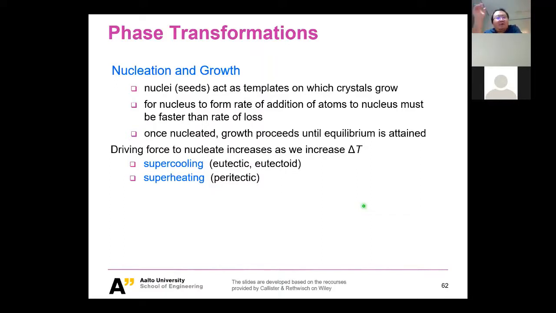So you will wait for hours, days, months to finally get to equilibrium. I mean, it will happen, but it will take so much time. If you just do an undercooling, if you go below 700, you go to 600 or so, you will just trigger the phase transformation so quickly. So you can see the driving force is this delta T.